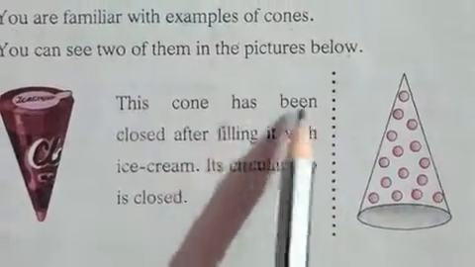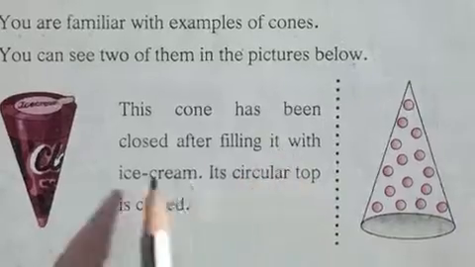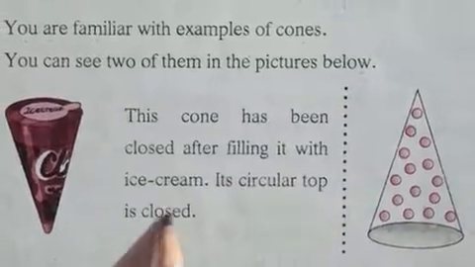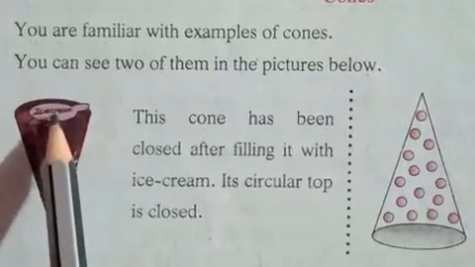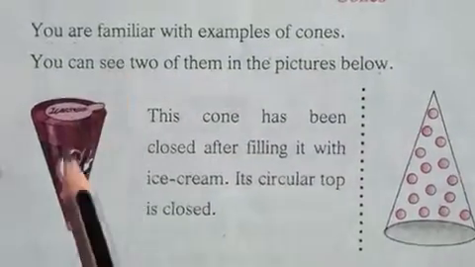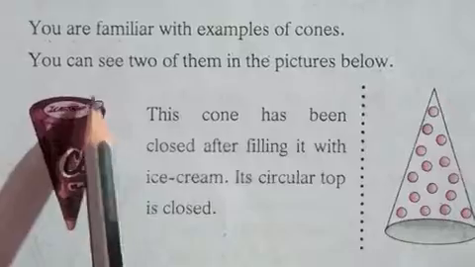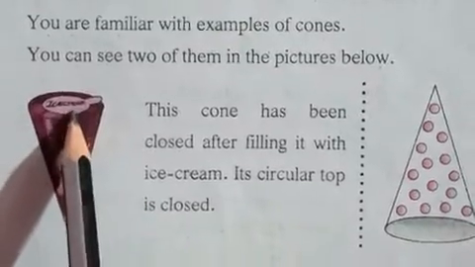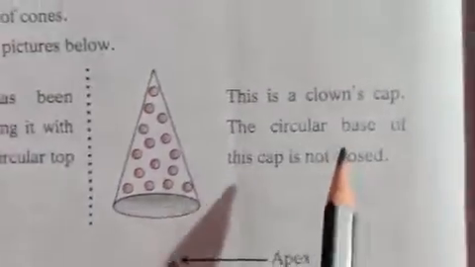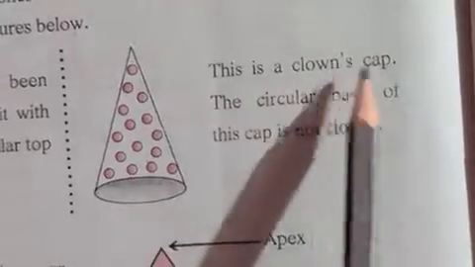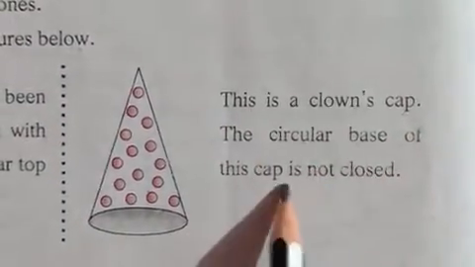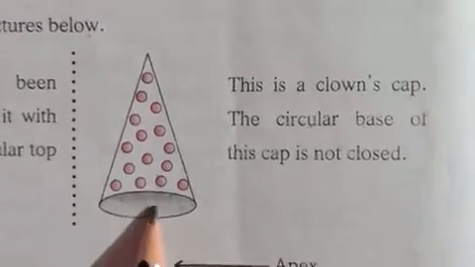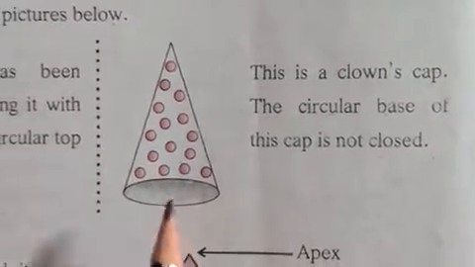This cone has been closed after filling it with ice cream. Its circular top is closed, but there is ice cream inside. In this figure, the clown's cap, the circular base is not closed. Here it is open. Clear?